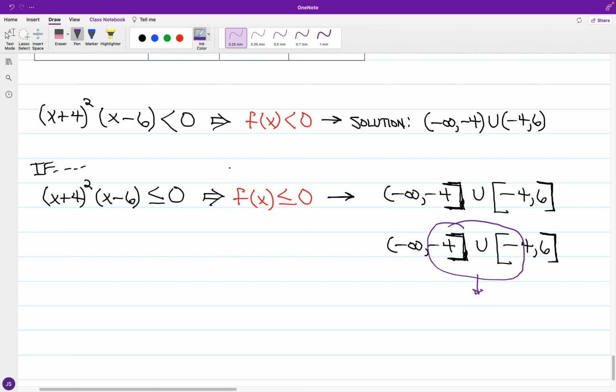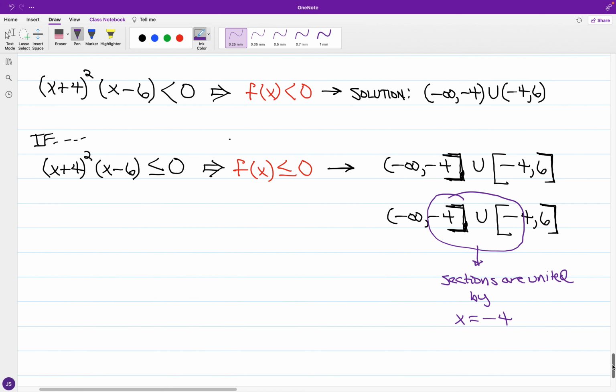We have, at the upper end, x equal to -4, and for the second half, we have x equal to -4. And you say that the sections are united by x equal to -4.